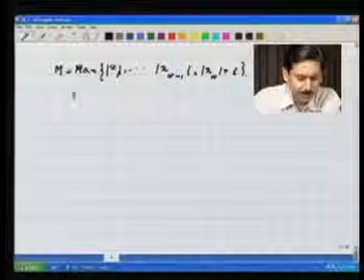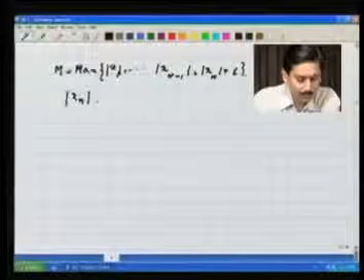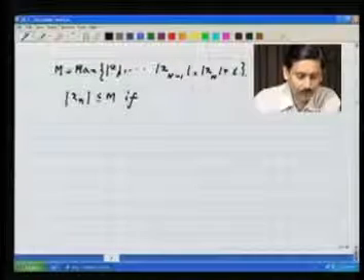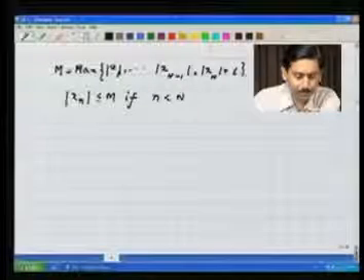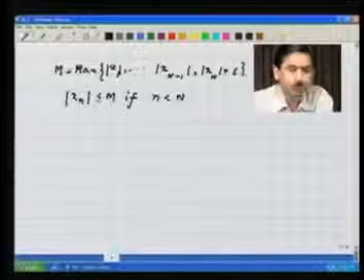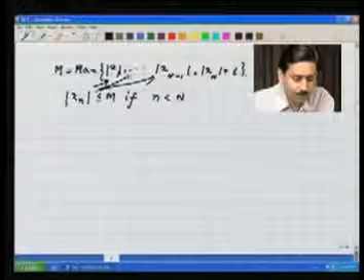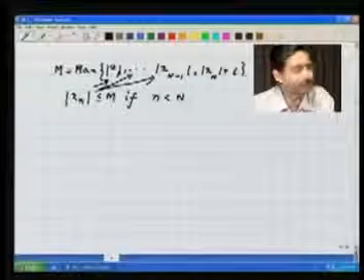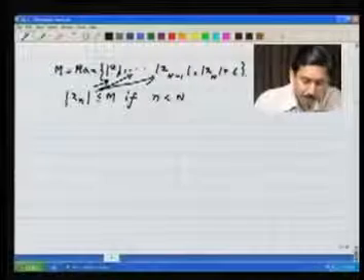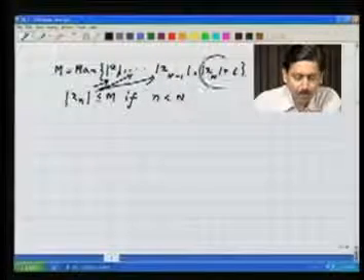Now I take any xn and look at the modulus. I say this is less than or equal to M if n is less than capital N, which is obvious, because then this modulus xn is one of these guys, and they are anyway less than capital M, because M is the maximum of all those fellows, right? And if n is bigger than capital N, then I anyway know that it is dominated by this chap.